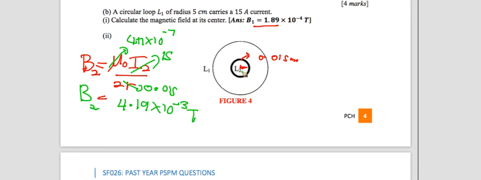Now you have the center, and you have the two B's here. First this is B1 plus B2, because the current flows in the same direction.